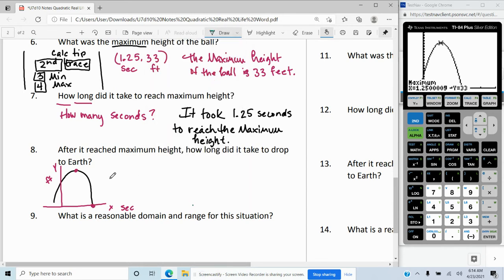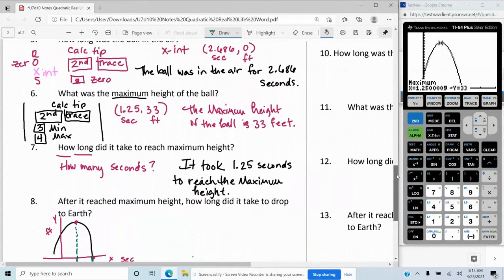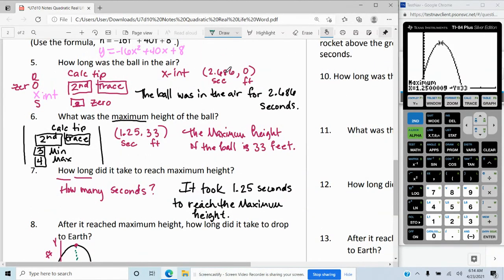So now we know that at this point, we're talking 1.25 seconds, okay? And at this point right there, if we go back up and we look at it, we had the point 2.686 seconds.